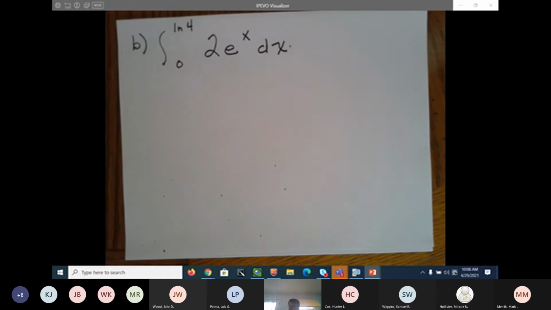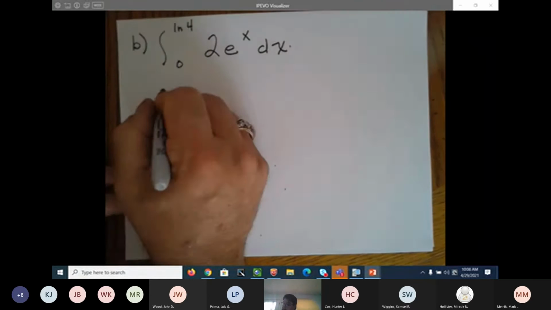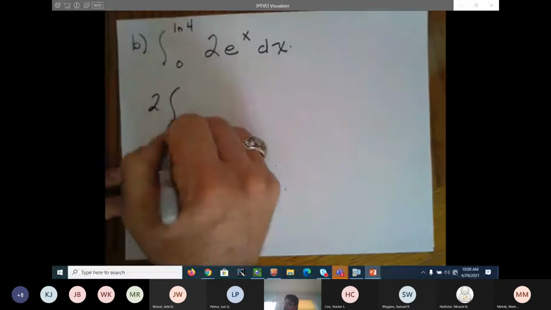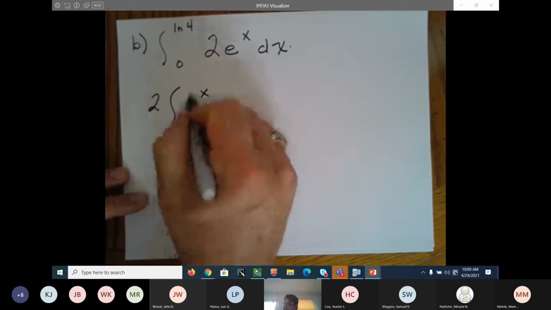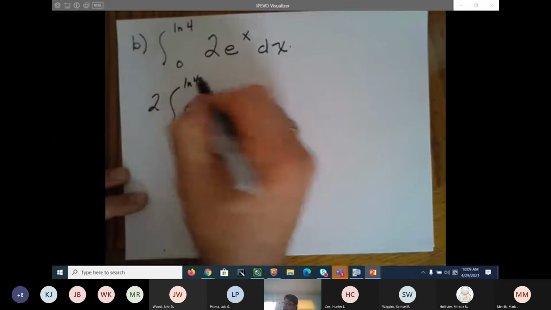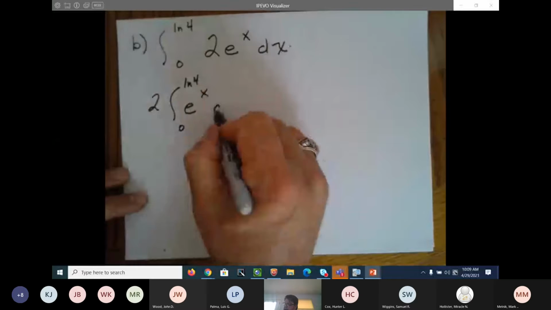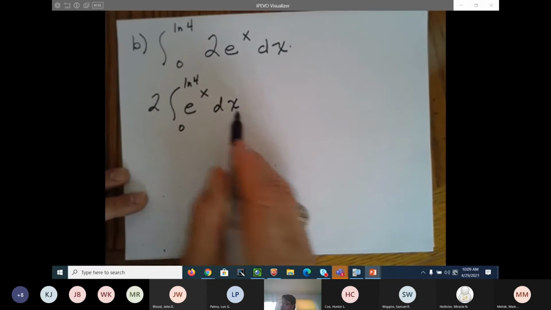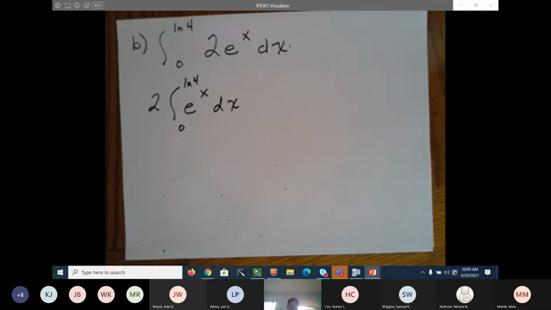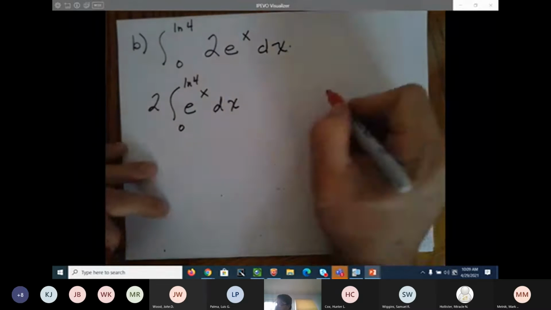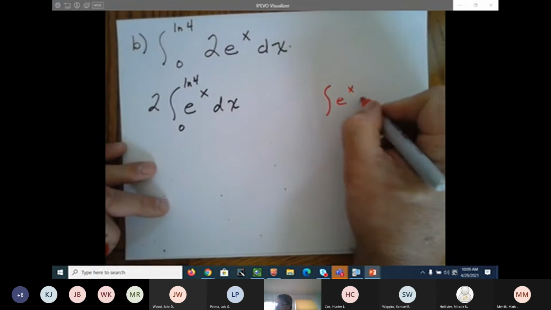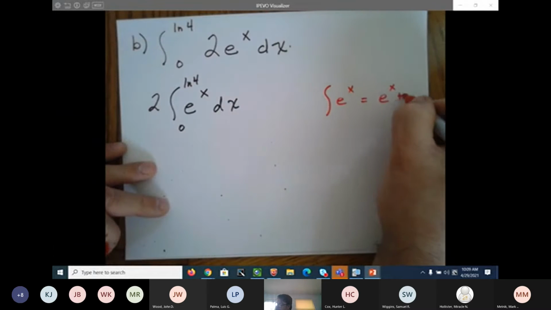So this is 2 times the antiderivative of e to the x from 0 to natural log of 4 dx. Well, the antiderivative of e to the x is e to the x. So you need to write that over here on the right. The antiderivative of e to the x is equal to e to the x plus c.